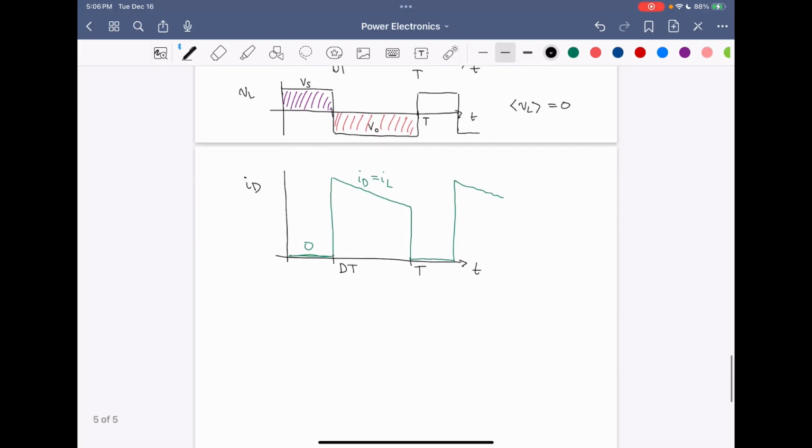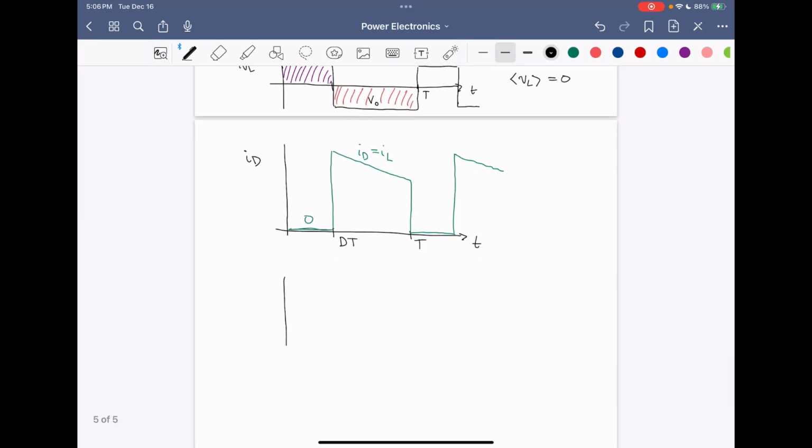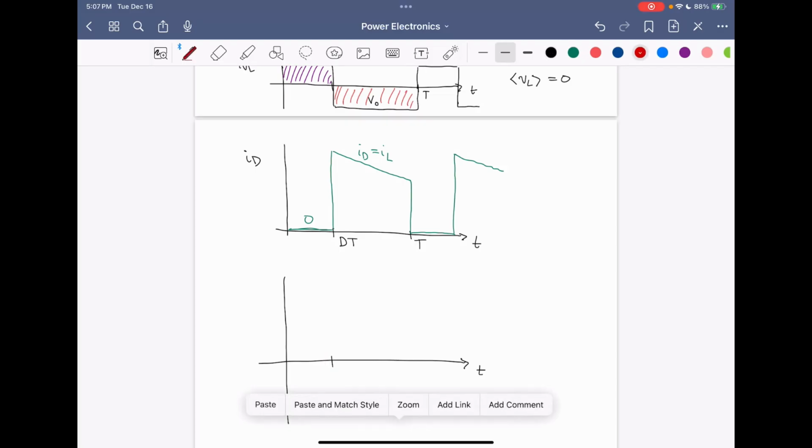Now for the capacitor current, we can draw the waveform as well. During the DT interval, the capacitor current equals VO over R. And we know that the output voltage is negative, so the capacitor current during this interval will be negative.